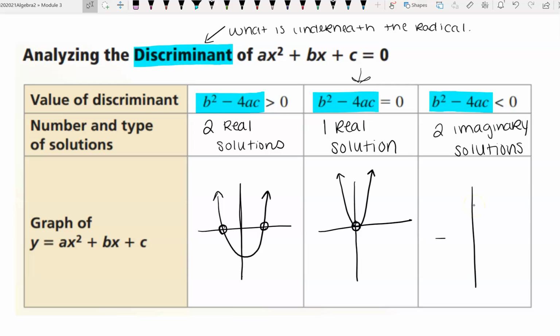If you have a graph that looks like this, up, out, or maybe down below, and it never crosses the x-axis, then you have 2 imaginary solutions. Hopefully you watched that video and saw what's happening visually in 3 dimensions when you have an imaginary solution. It's kind of like you're adding a dimension onto math.